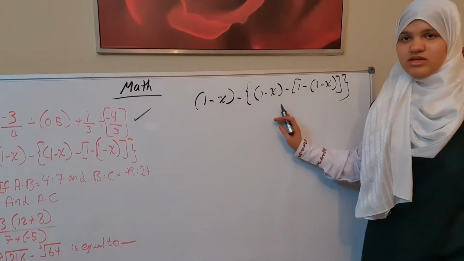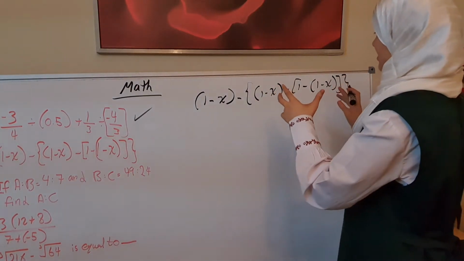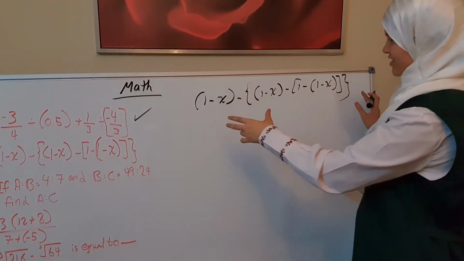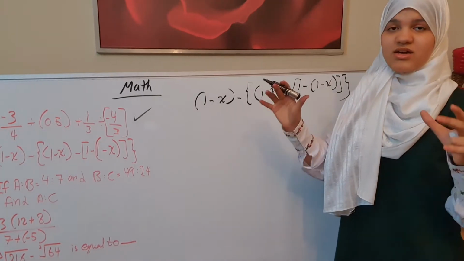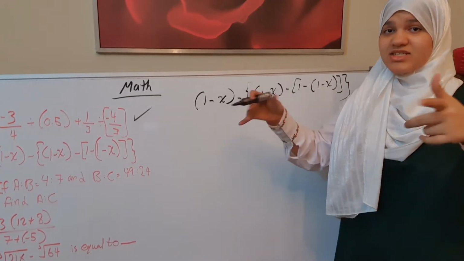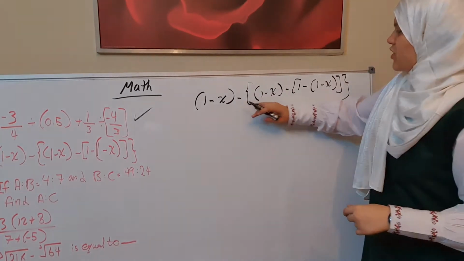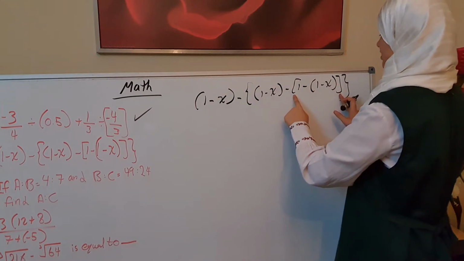So here this is the question, and the first thing we will do, I know there are so many brackets, but first find the number that's inside the brackets, the brackets inside the brackets. That means here is a big bracket, and here also is a bracket, and also here is a bracket.